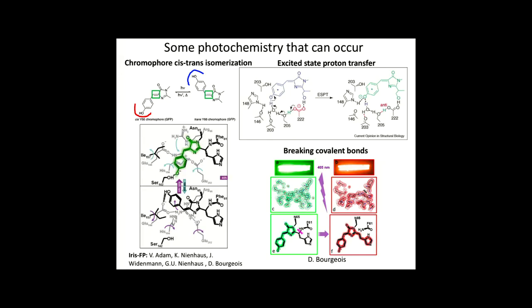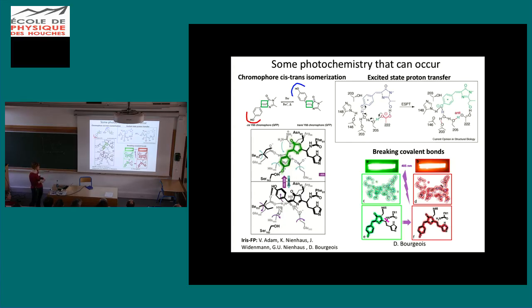You can also break covalent bonds, and this image from Dominique's work is, I think, one of the more beautiful images of showing this is two crystals in two different states. You can look at the X-ray, the electron density here, and what you can see is that in this case, this is the chromophore here shown in green, but upon excitation with 405 nanometer light, you break this bond.